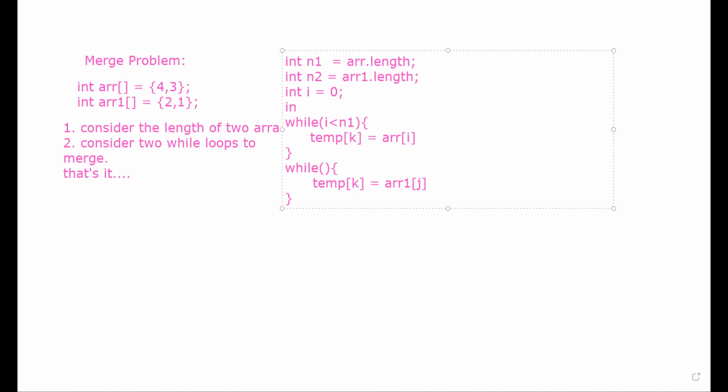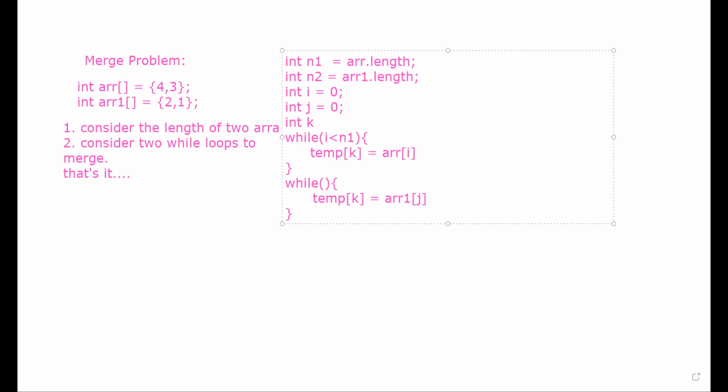Now for j also the same: I need to initialize j with 0. For k also I need to initialize it with 0. And then j less than n2.